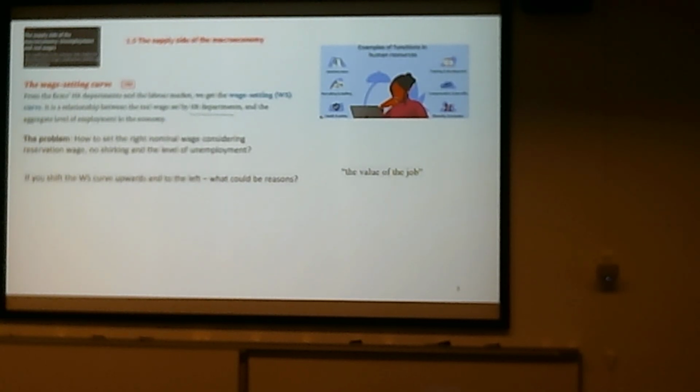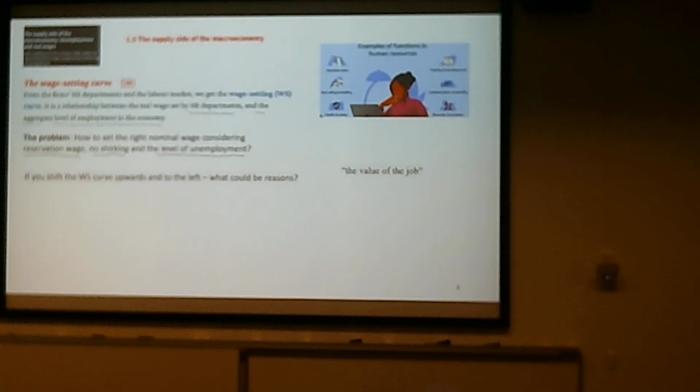So it's related to the aggregate level of employment in the economy. When we know employment, we also know the unemployment part. So the problem is how to set the right nominal wage, considering reservation wage, no shirking, and the level of unemployment.